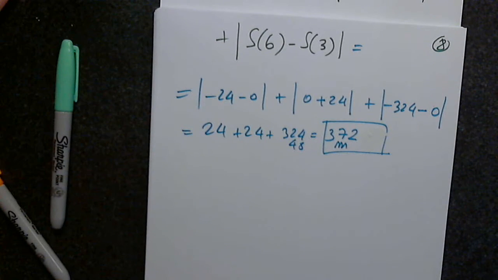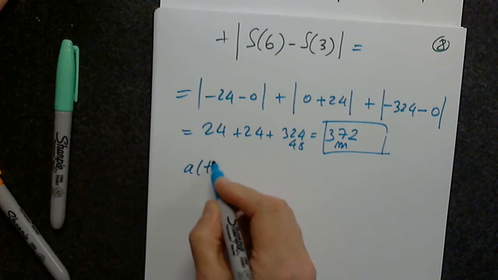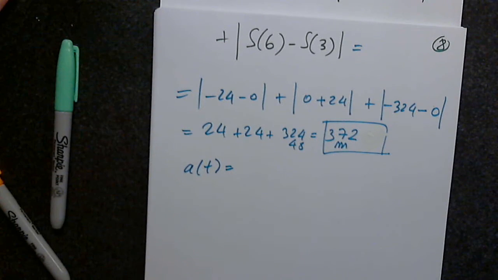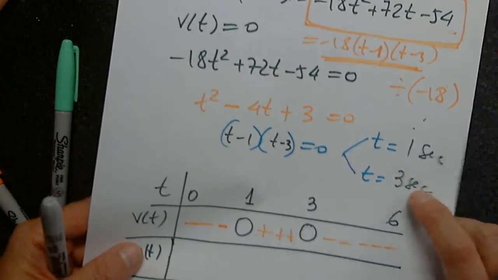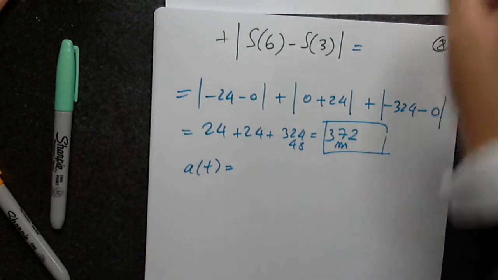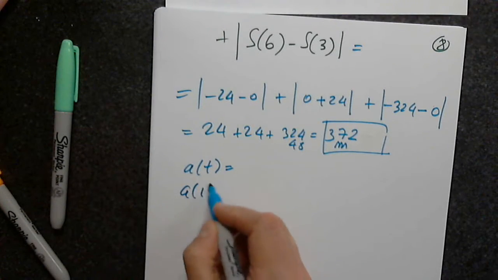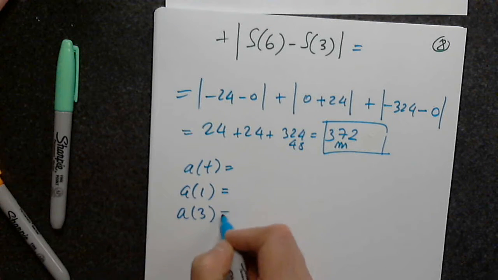Find the acceleration at time t and when the velocity is 0. So let's work on the acceleration. And we know when the velocity is 0. When is the velocity 0? At 1 and 3. So we have to find a of t, and then we have to find a of 1, and we have to find a of 3.